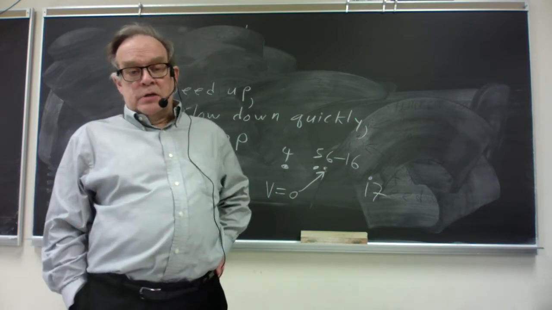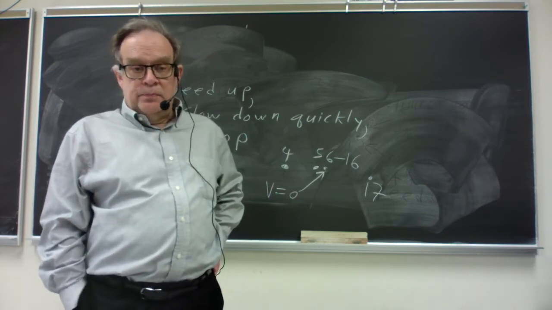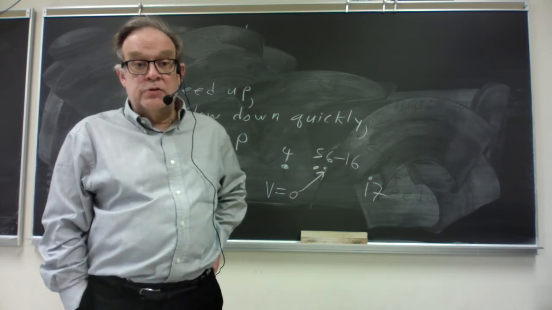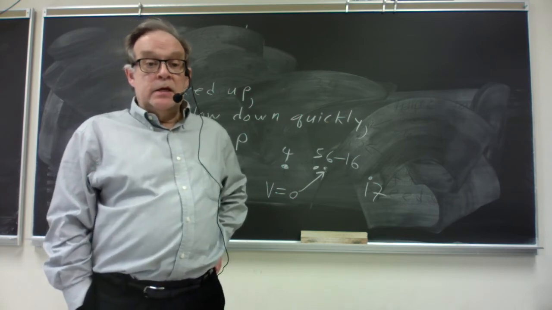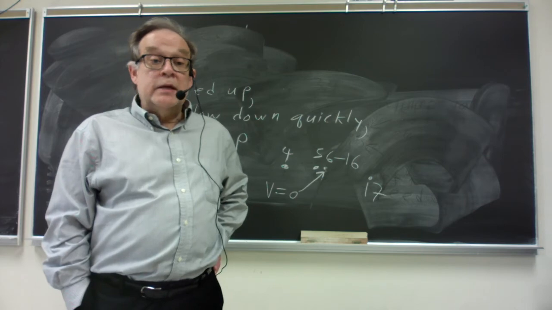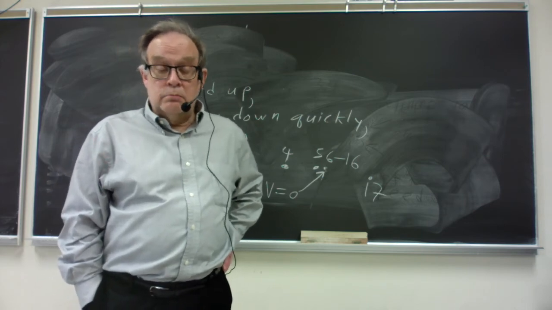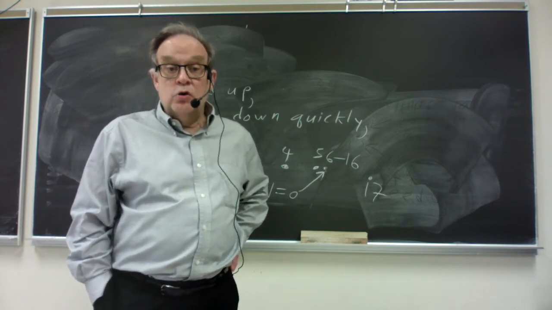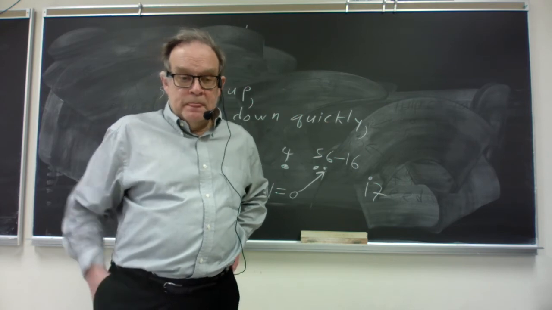Coordinate systems aren't something that exists out there in nature. They're entirely a construct. They're something that we make up just to make it easier to think quantitatively about motion.